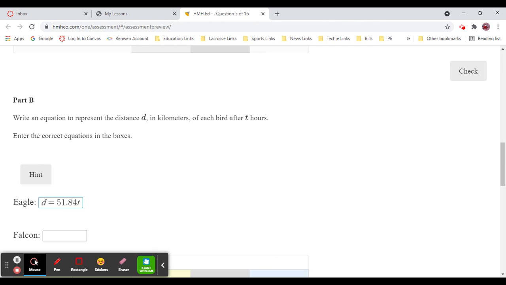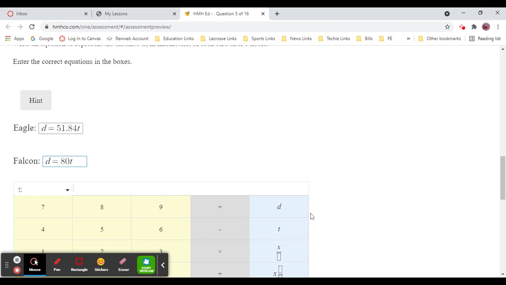This is just like y equals kx, where k is our constant value, because the eagle's constantly flying 51.84 kilometers per hour, and t is our time. And then our falcon is d equals 80t, and it flies 80 kilometers in 1 hour.